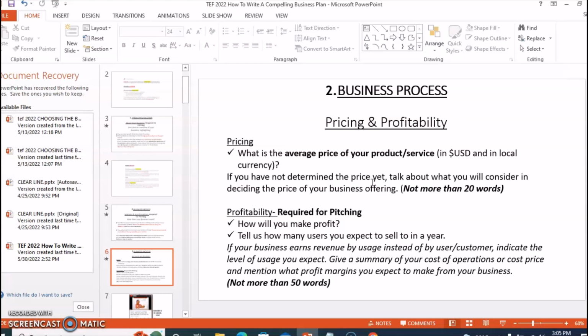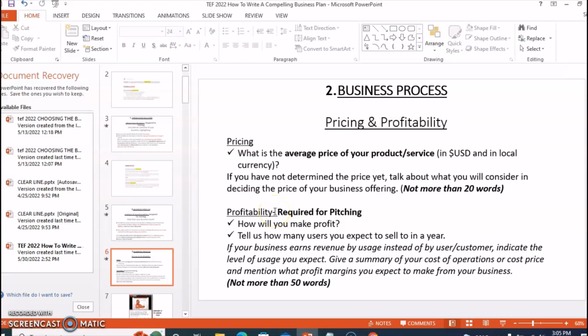So you may want to play along with the competition. You can easily say that you will charge within XYZ range of what other competitors are charging, or you will base it on your cost of production, or you will base it on the value that the customer is expecting to receive from your product or services, right?